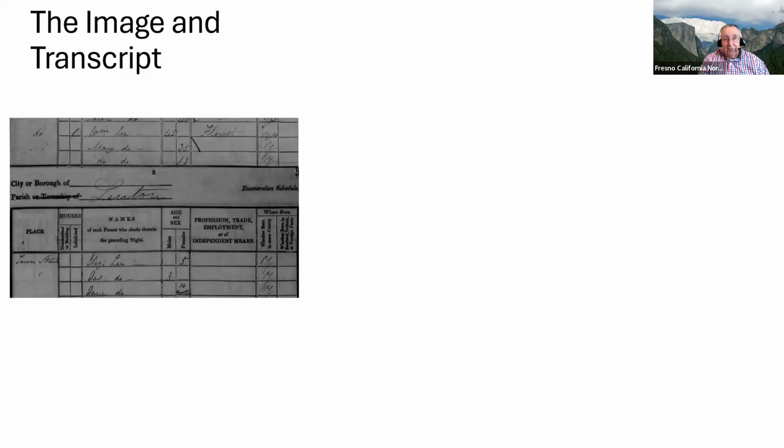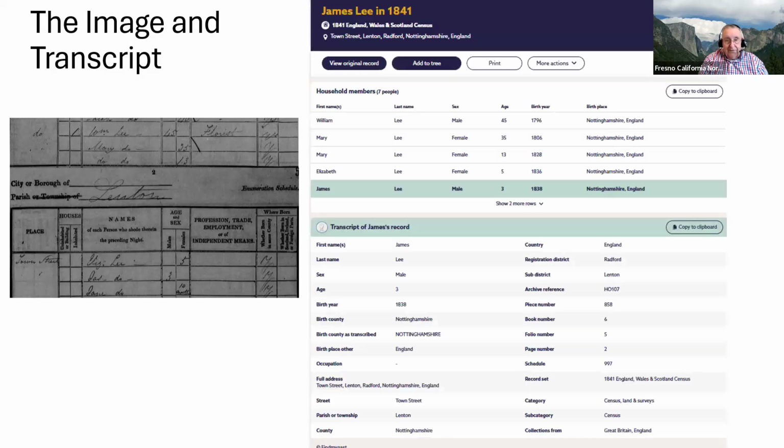Okay, image versus transcript, of course. This is a picture of an image of a census. And this is the transcript for that same image. Now, it's a little bit different maybe than you're used to. Most of the other sites that we've been at, they put the transcript of the person's record first up on top.